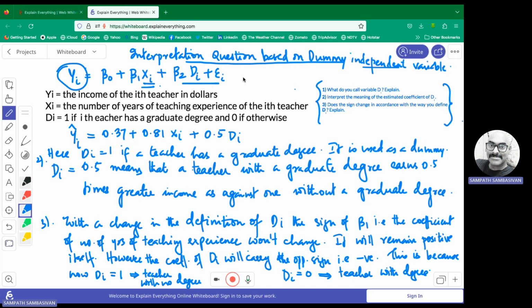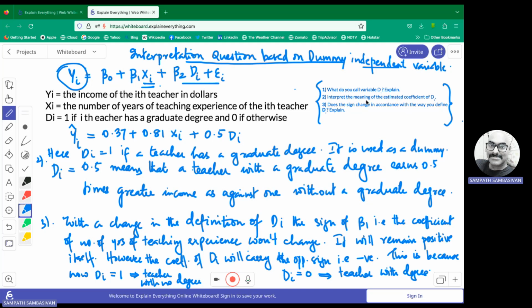So using that and this example itself, you can give an explanation. What is this, and what are the different types of dummy variables? In the introductory lecture for dummy variables, I have mentioned this, so you can use that to answer this question. What do you call variable Di? It is a dummy variable, and you can explain what a dummy variable is using examples.